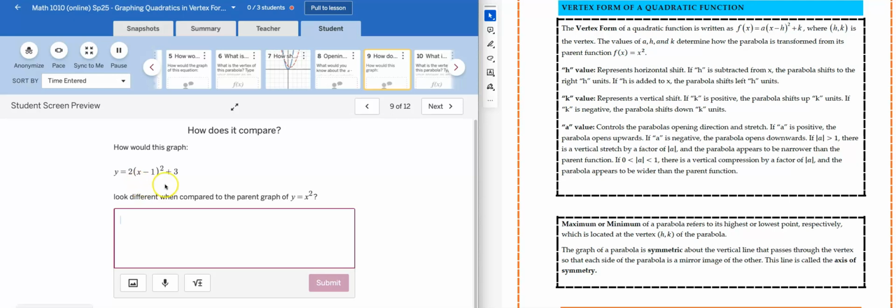And then what would my vertex be, or how is this being shifted? So this is 1, 1 place to the right. And up 3. So when we write it out in words, we'd say skinnier by a factor of 2, move 1 unit to the right, and then 3 units up.